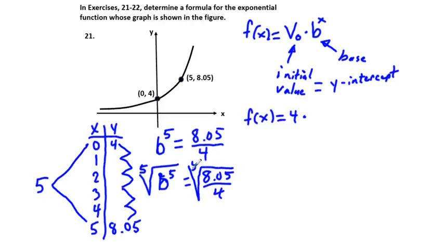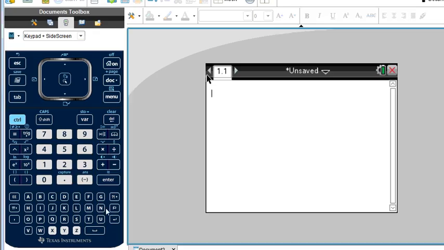So we take the 5th root here to this fraction 8.05 over 4. So we get b equals the 5th root of 8.05 over 4. And to find out what that is, we can resort to our calculator.